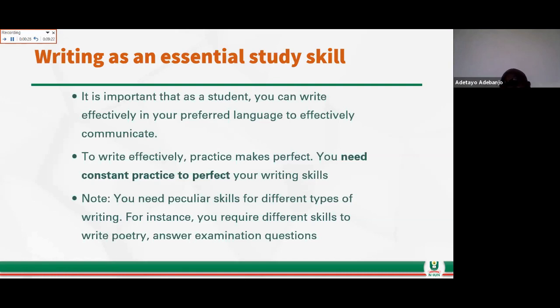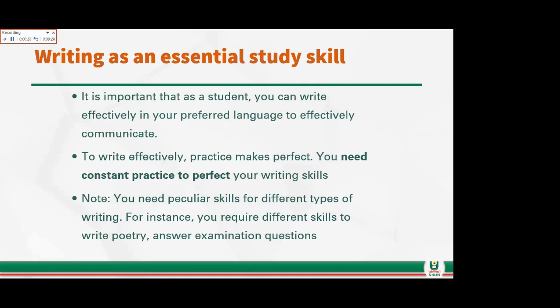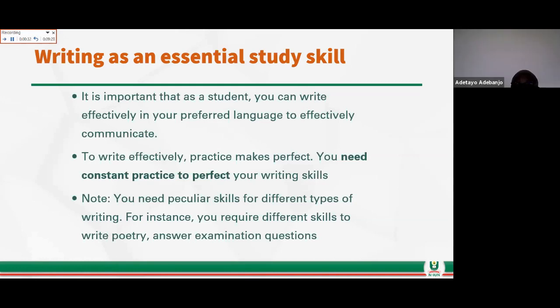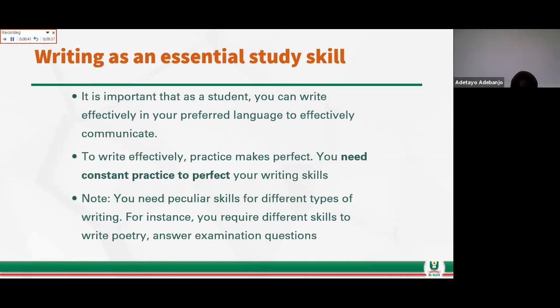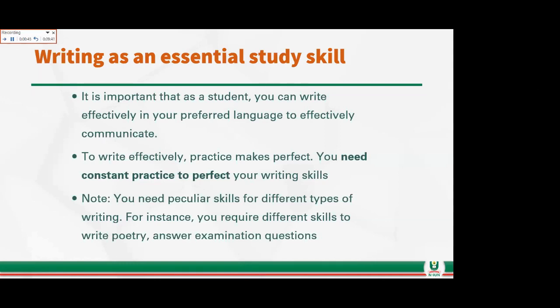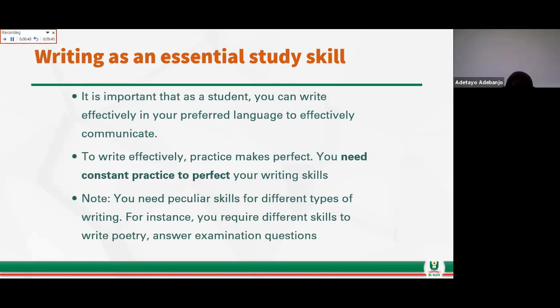Because when you are writing, if you are not used to writing, you can't write perfectly. You can't write correctly. You can't write effectively. So it is when you practice that you write and then you get a skill. You build your writing skill.